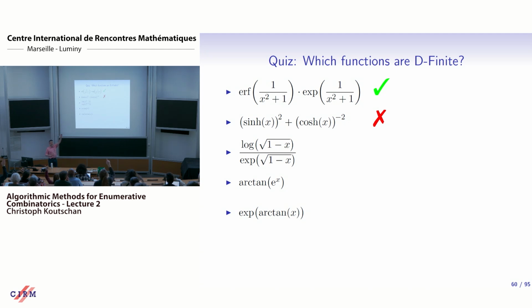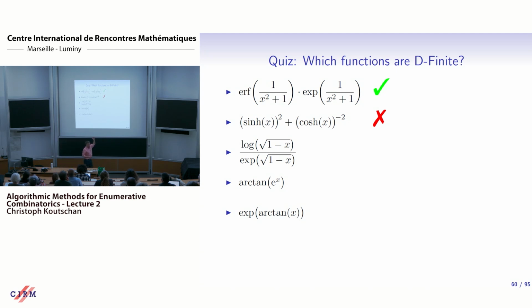So who thinks this is D-finite? It gets more difficult. Now there are more undecided people. So, of course, I'm very mean. I constructed it in a way that you get trapped. So you think, we just learned that division is not allowed, and here the exponential is in the denominator. But of course, I constructed this on purpose.